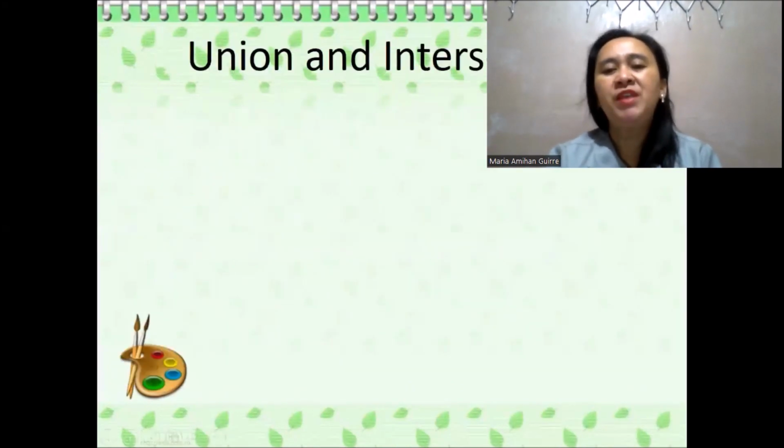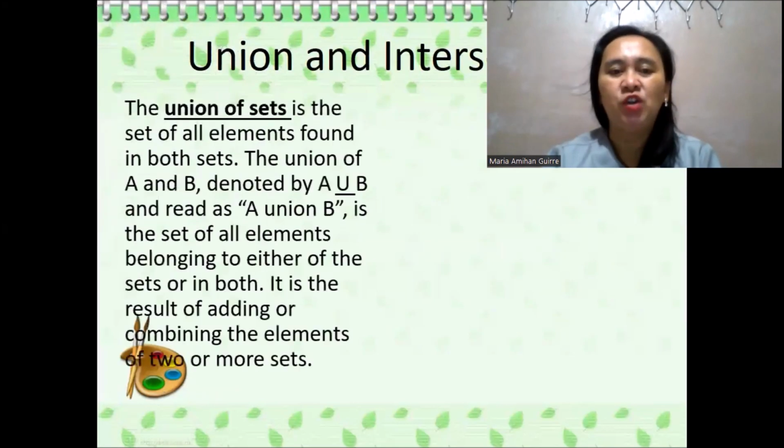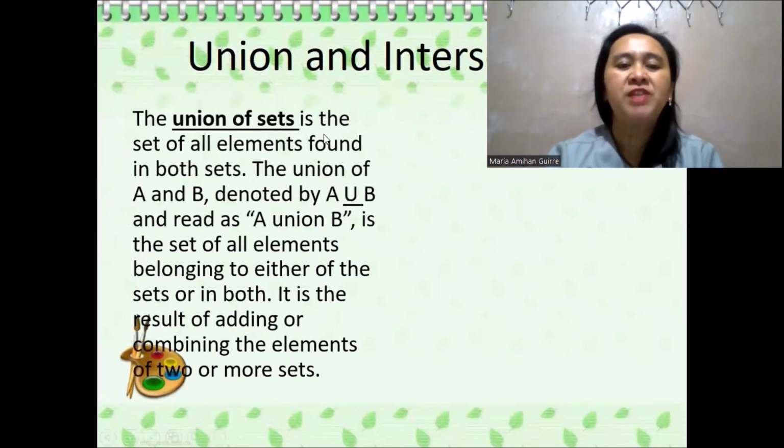The difference between the union and the intersection of sets. The union of sets is the set of all elements found in all given sets, or it is the result of adding or combining the elements of two or more sets, that is the union.